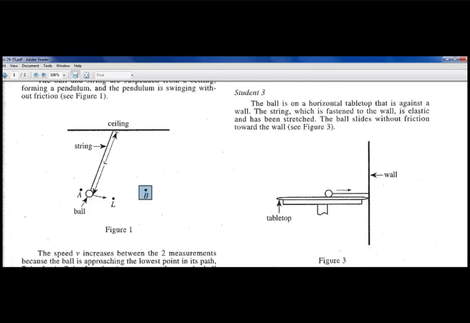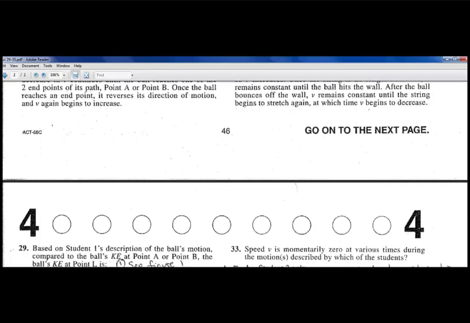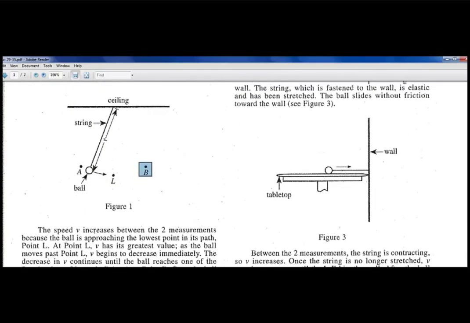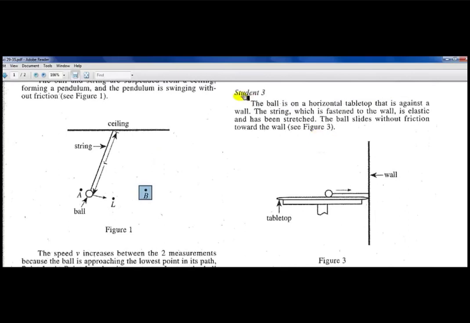Let's go ahead and take a look at student 3. And student 3 is right here, and the setup is from figure 3 right here. And here's what's happening. We have a table pushed up to a wall. There is a string attached to the wall. There is a ball attached to the string.